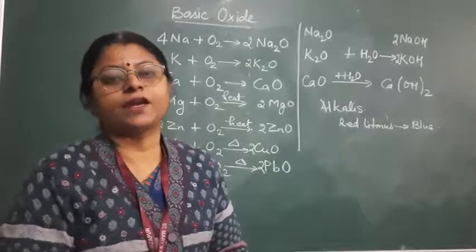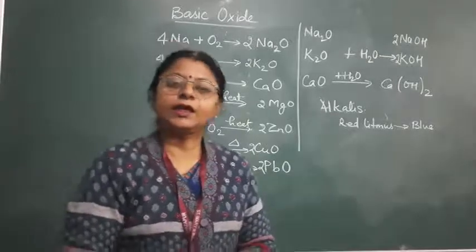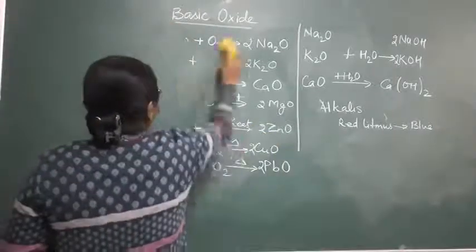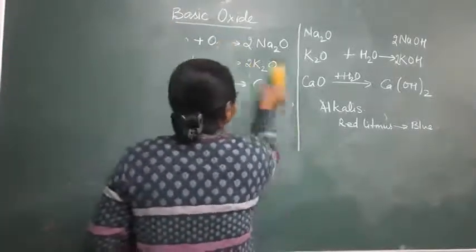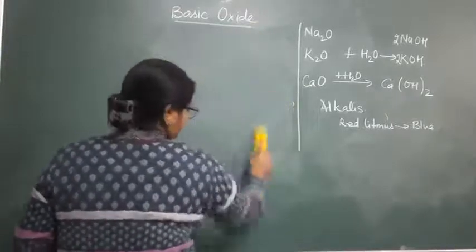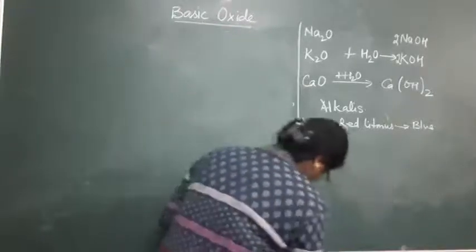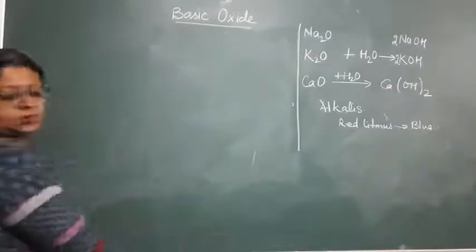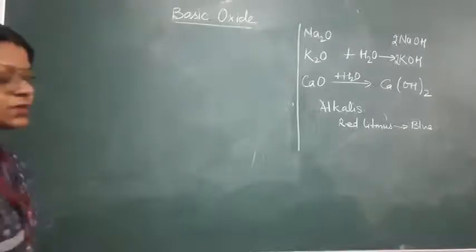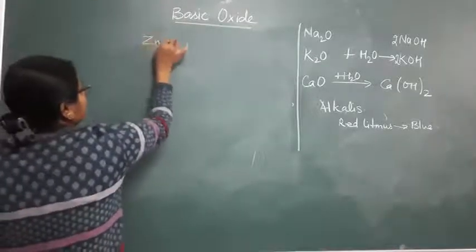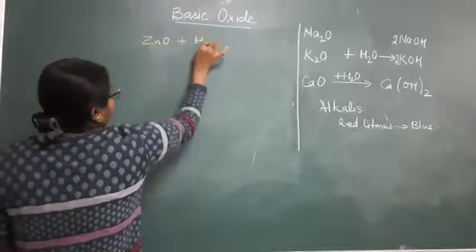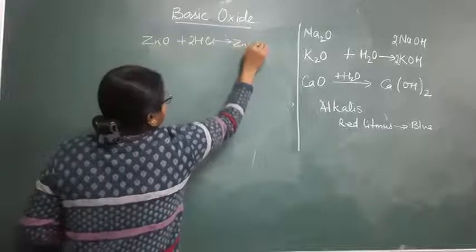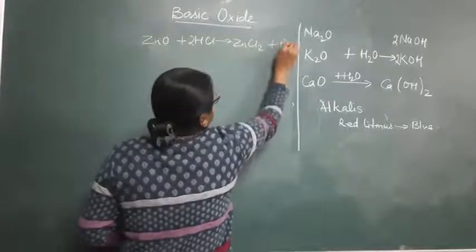Basic oxides, when they react with acids, form salt and water. For example, basic oxides like zinc oxide, ZnO, when reacting with acid HCl, form zinc chloride ZnCl2 plus water.